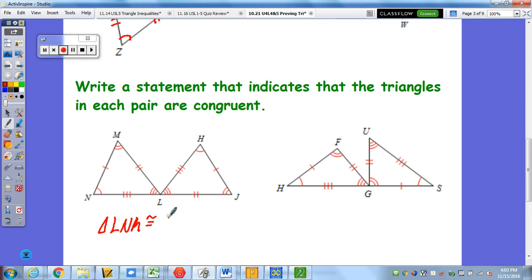Is congruent to LHJ. Making sure that we're matching these together. Triangle HGF, I just went 1, 2, 3 on this one. Has to be congruent to SGU.